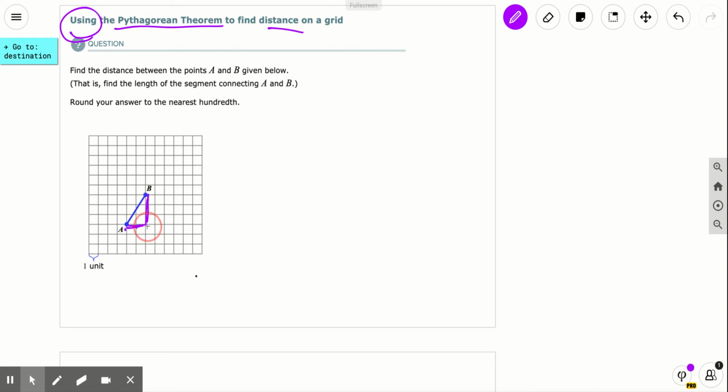This distance is 1, 2. This distance is 1, 2, 3. And they want to know what this distance is. This is the hypotenuse.